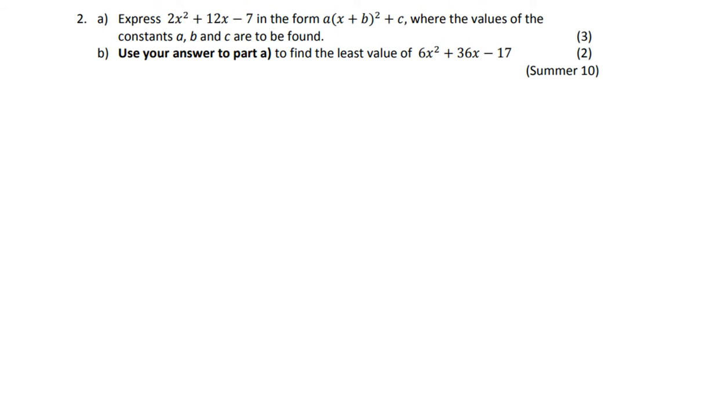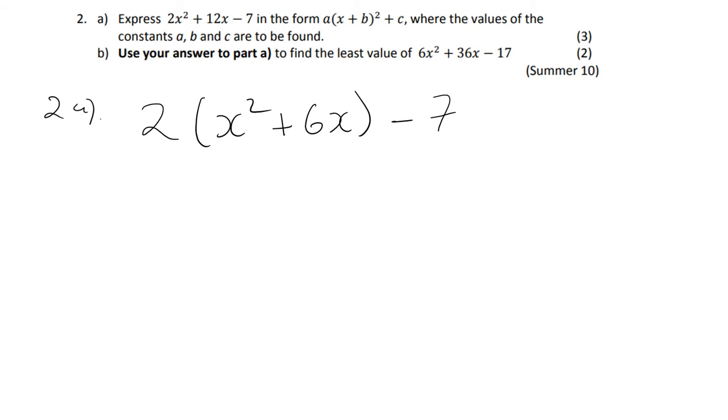For the second question, we first want to complete the square, so we'll do the same thing. If I take out a factor of 2, that's the highest common factor of 2 and 12, I complete the square inside the bracket, so I have x plus 3 squared, and then I have to take away 9.